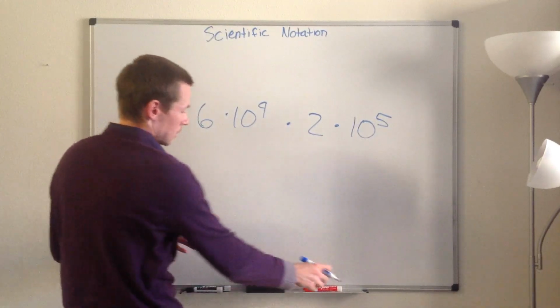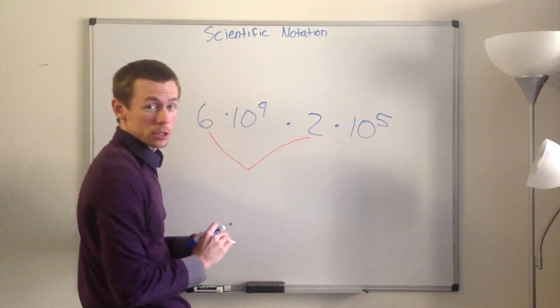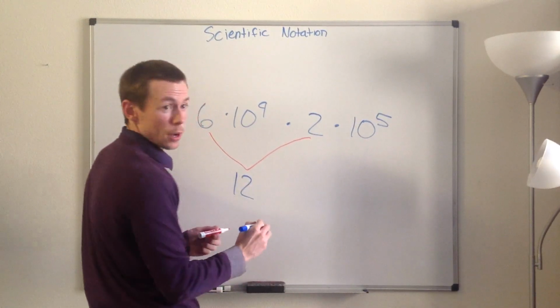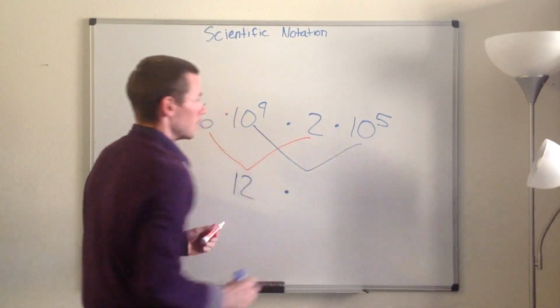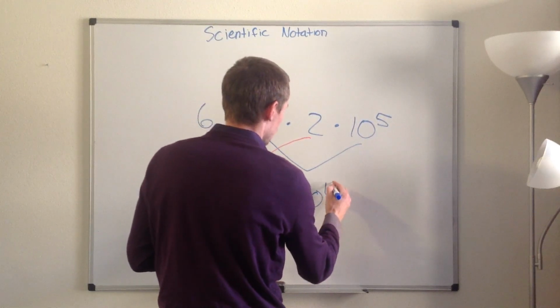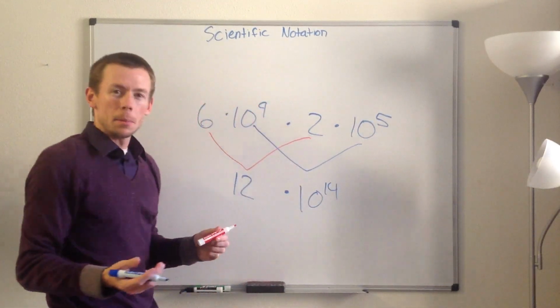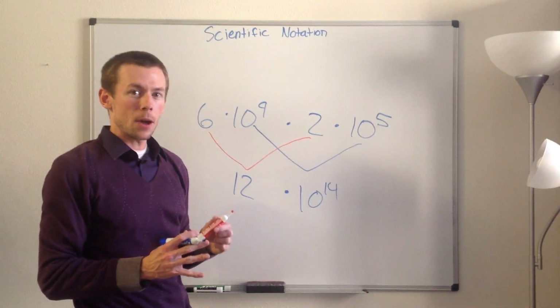Same procedure. Let's do the digits. You get 12. Multiply that by 10 to the 9th times 10 to the 5th, which is 10 to the 14th.